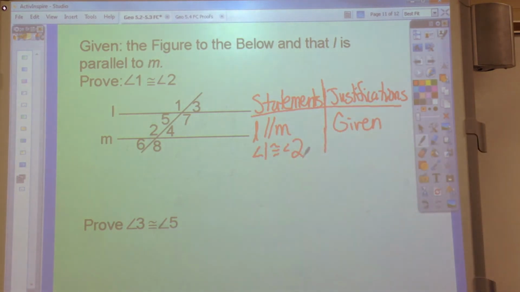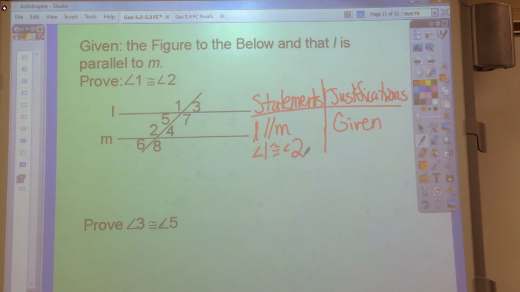Angle 1 and angle 2 are what kind of angles? Would you agree with me that they are corresponding angles? Hopefully. And by what definition or theorem? It is a theorem, isn't it? By what theorem do we know that corresponding angles in a transversal are congruent?